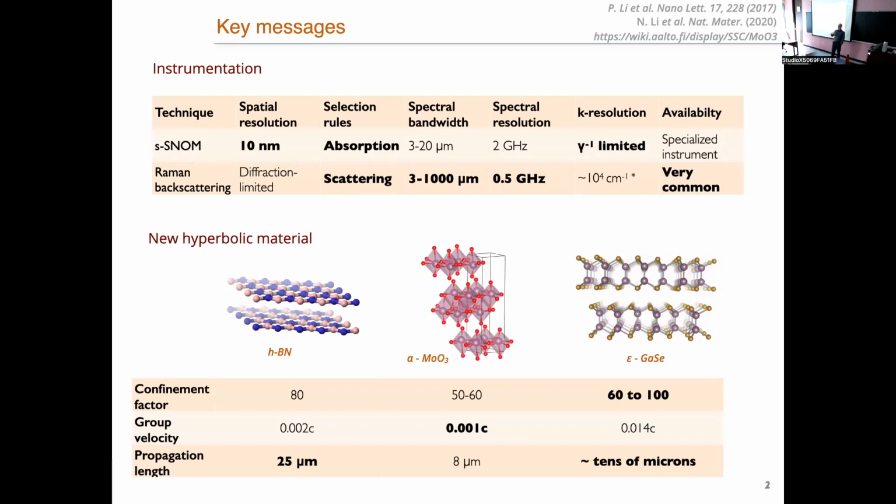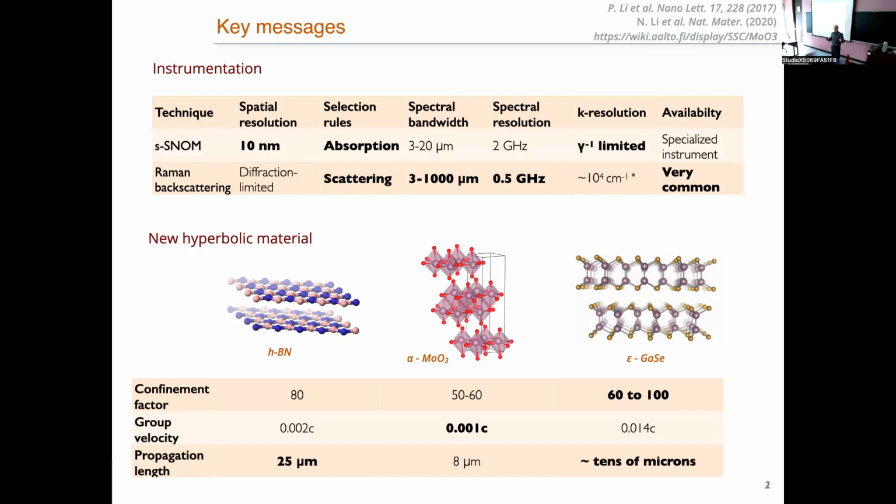Now, phonon polaritons have been extensively studied in the last 10 to 15 years. But if you were to do a survey of the investigations that have been published, you would find out that 90 to 95% of all these papers were using a single instrument. This instrument is called SNOM, for scattering-type scanning near-field optical microscope.